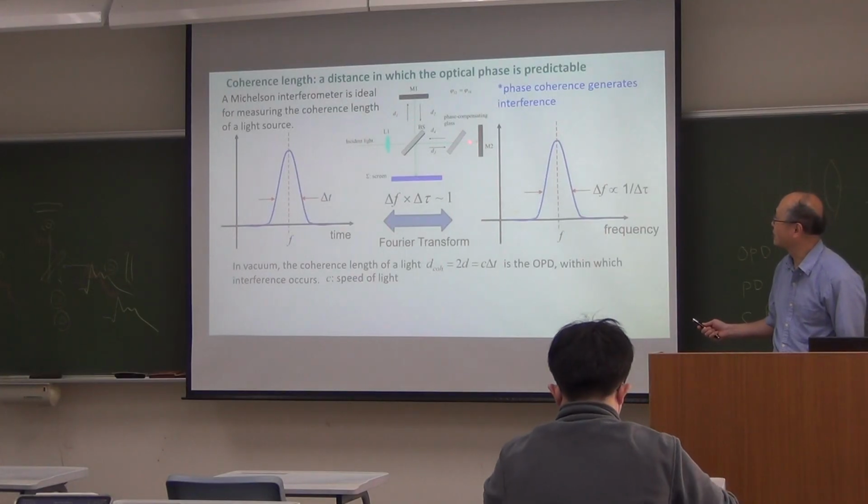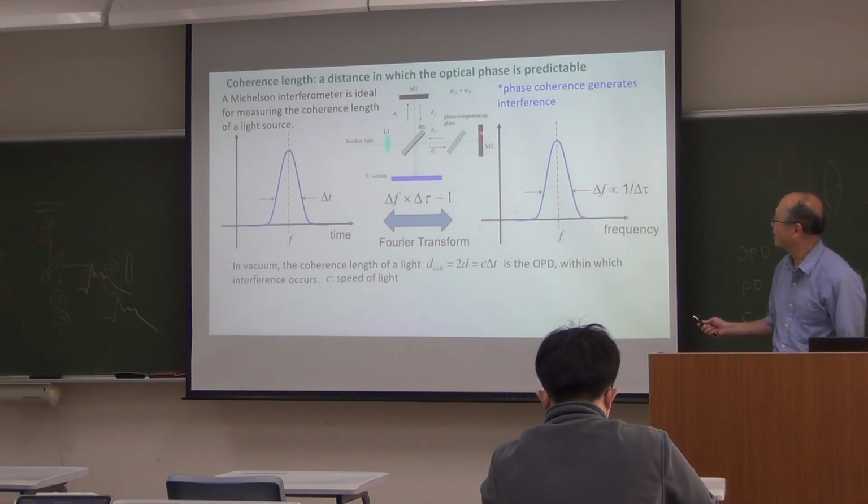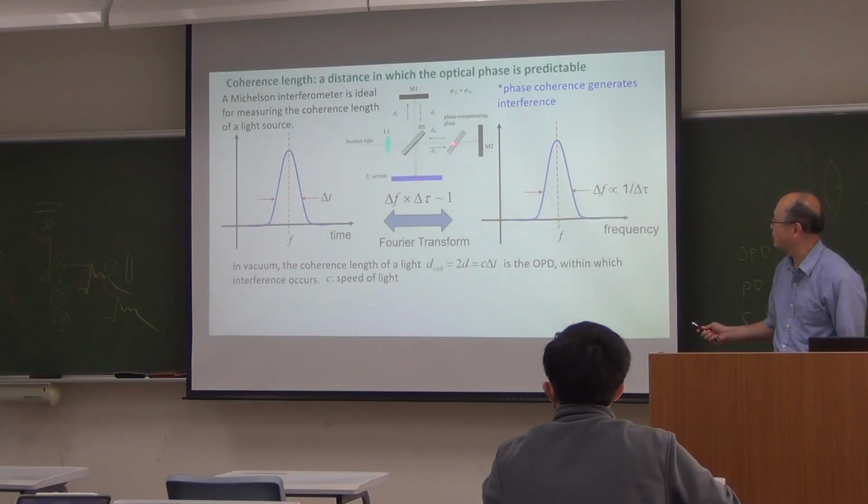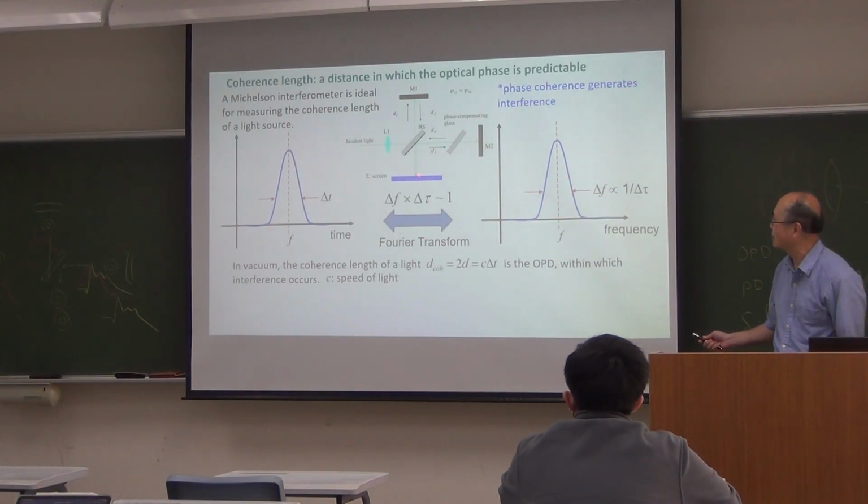You move this arm from the 0 position and then push a little bit, D, and you can still see fringes. And then if we push it too much, then you don't see fringes here, and then you understand the maximum length that gives you interference fringes, and this gives you the coherent length.